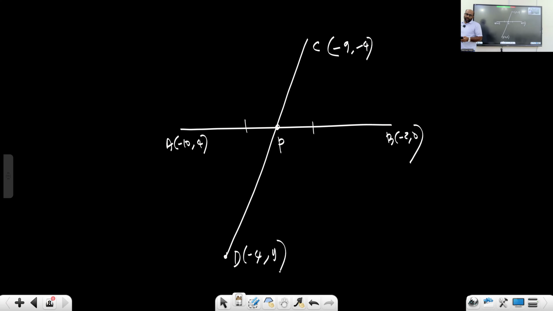After that they are asking, find the ratio in which P divides CD and also find the value of Y. Draw the diagram. Don't forget, it is the midpoint of AB only. Easy question, but a good question.